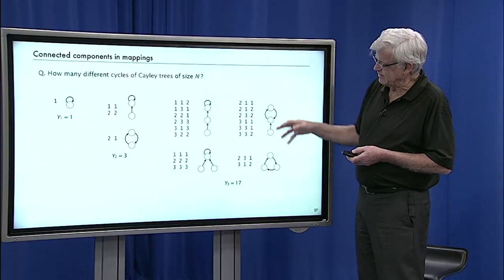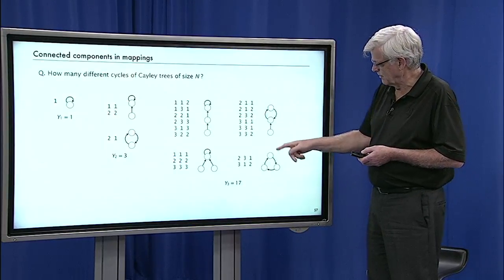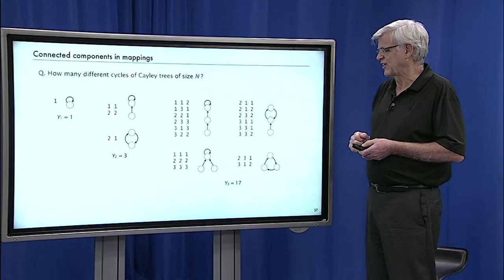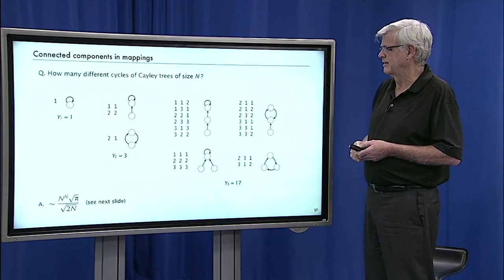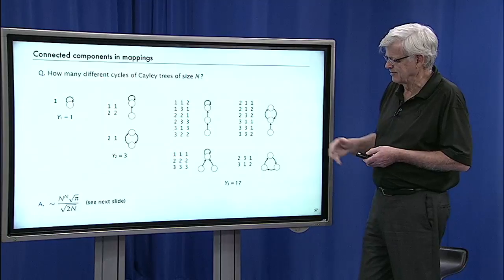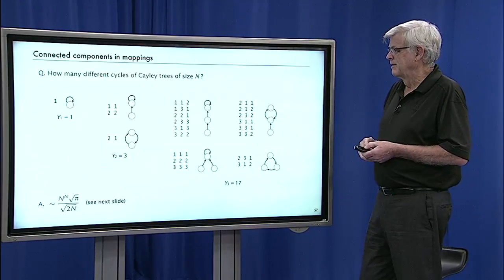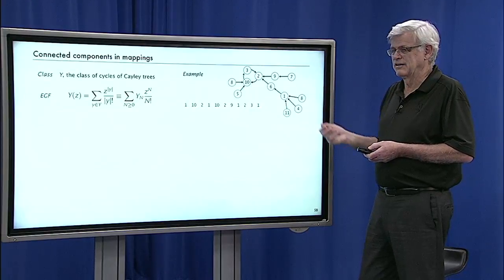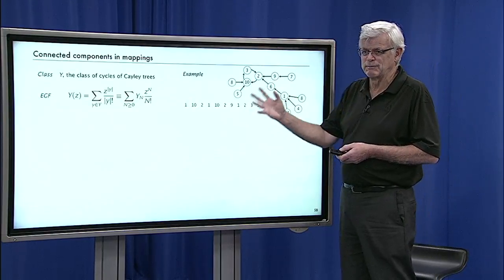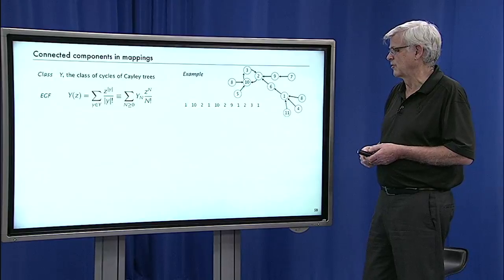And those are connected, so how many different ways are there to get cycles of Cayley trees? That's what a connected component is. And that turns out to be n to the n times square root of pi over 2n. And the analysis of that is, again, straightforward using the symbolic method and Lagrange inversion.